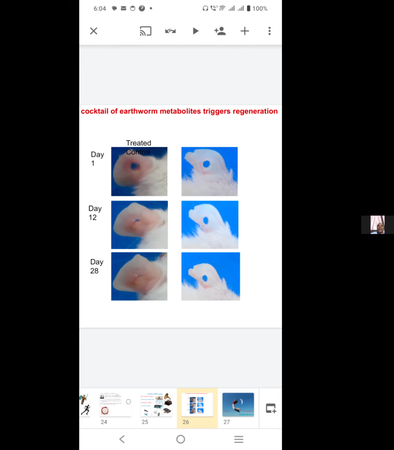So first we puncture the pinna, then we load a small volume of the reagent in the proximity of the wound site, and then we observe it. Every second day, we inject this small volume of the reagent, and around the 28th day, we could see complete healing of the mouse ear puncture.